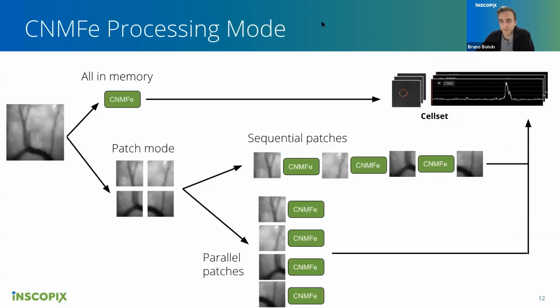Okay. One important thing we were talking about earlier is that we can control how we divide up the work when CNMFE is running, so that it either consumes less memory or takes less time to run the entire algorithm. Starting with the top branch here, we're offering 3 different processing modes. One of them is called all-in-memory.